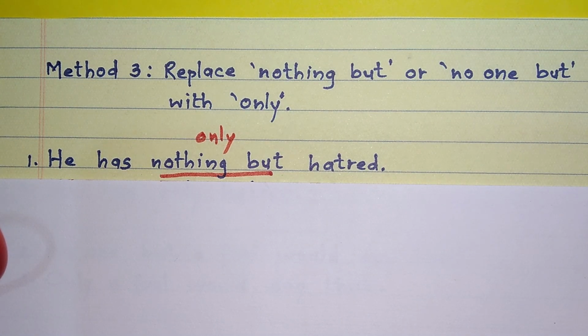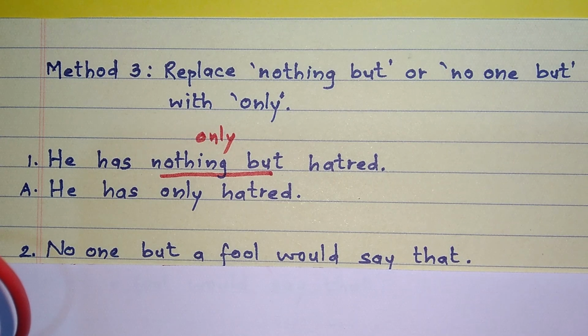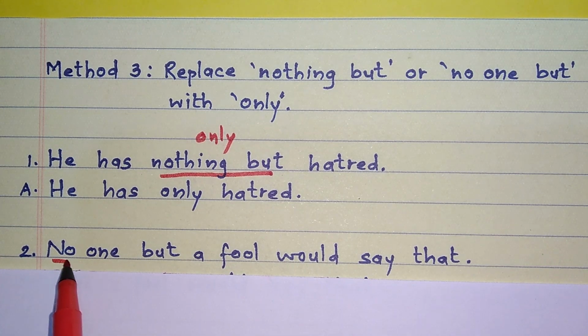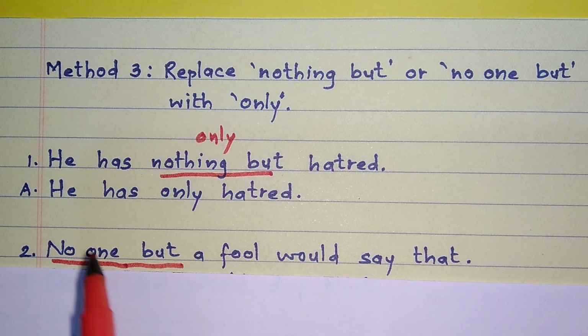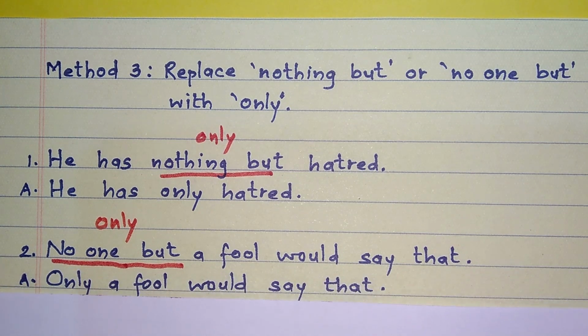The answer is an affirmative sentence. Another example. No one but a fool would say that. Here, no is a negative word. We replace no one but with only. So, the answer is an affirmative sentence. The answer is only a fool would say that.